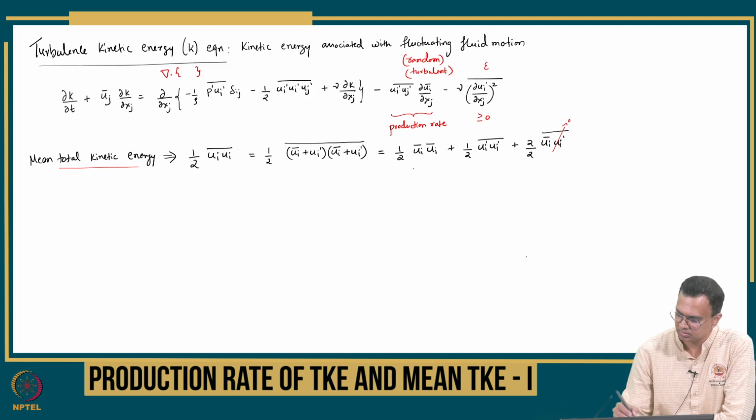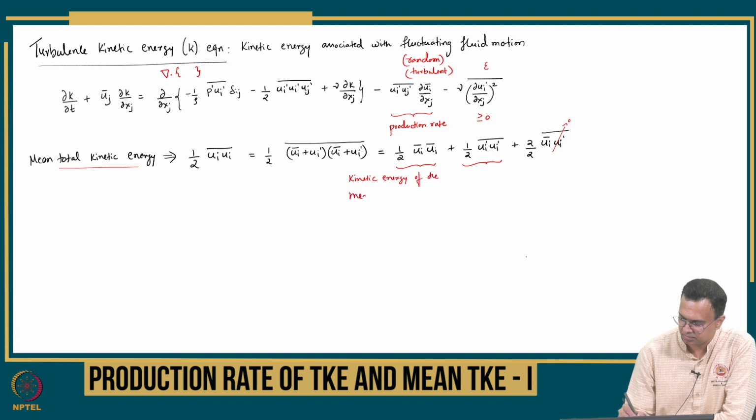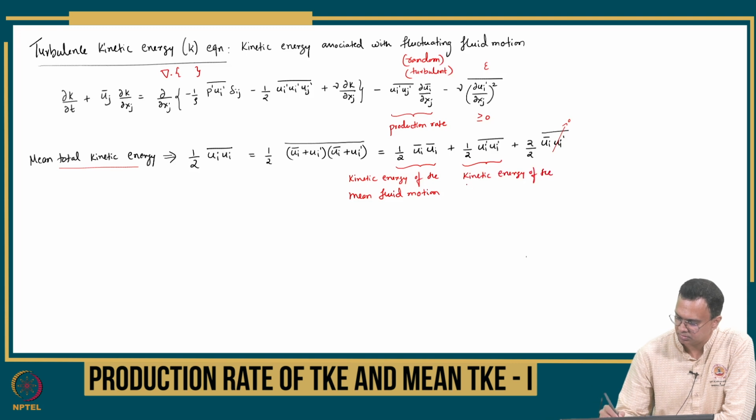Okay, so these are the two parts. This is the kinetic energy of the mean fluid motion, and this is the turbulent kinetic energy that we have already seen, or you can say the kinetic energy of the turbulent, random or fluctuating fluid motion.